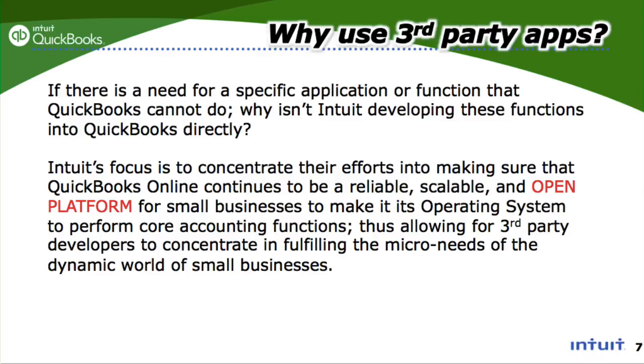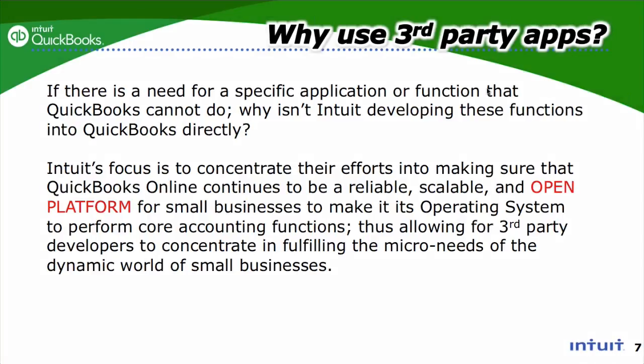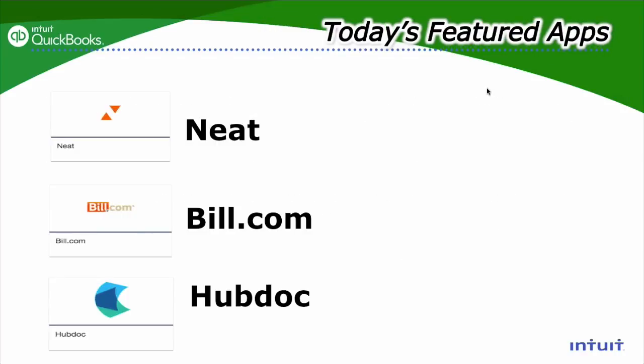So what these developers allow is for Intuit to focus on making one strong platform, the Intuit QuickBooks Online platform, that connects to these systems. That allows Intuit to focus on just the accounting piece, and allows the third-party developers to go deeper and deeper into partial accounting and then non-accounting tasks.